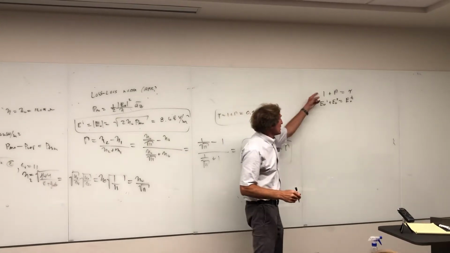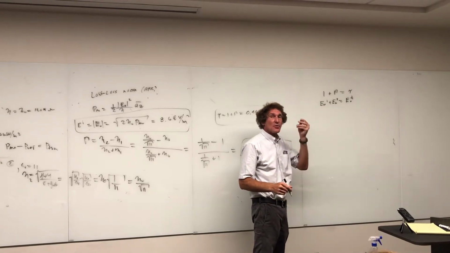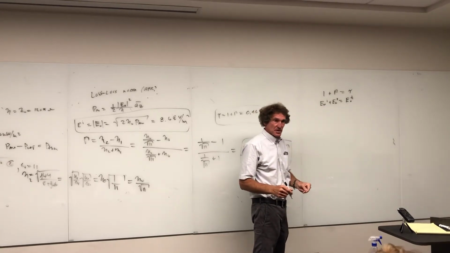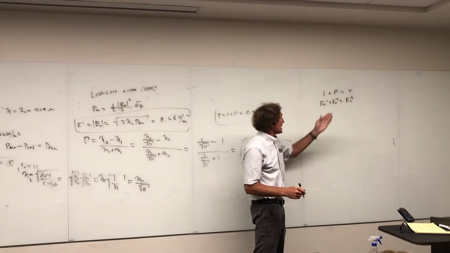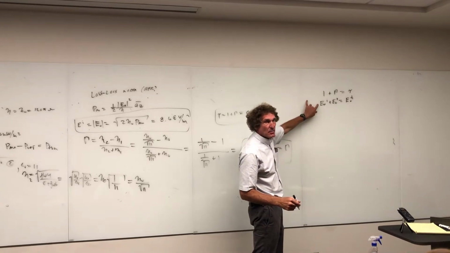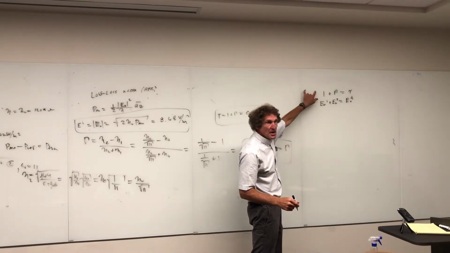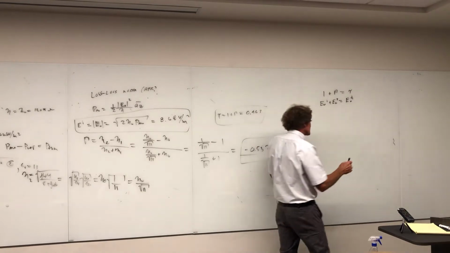That here is based on this, because we define reflection coefficient as a ratio of reflected to incident field strength. Got me on this, everyone? And tau, the transmission coefficient, is really E naught transmitted over E naught incident. So we just take E naught incident and divide that equation, we get this equation.